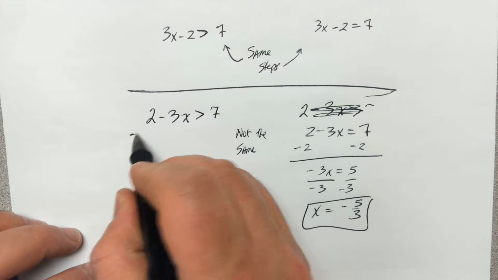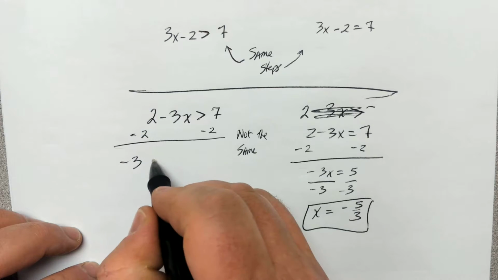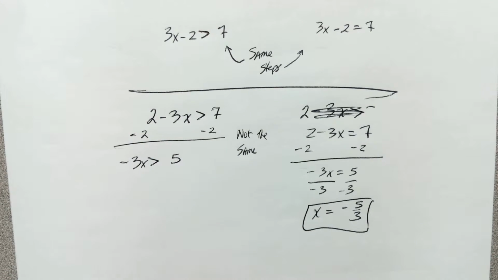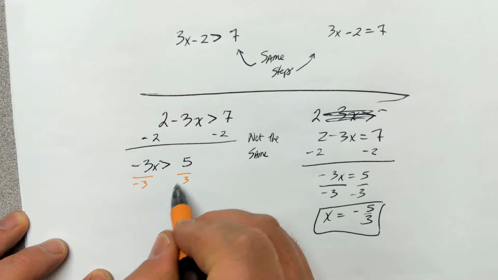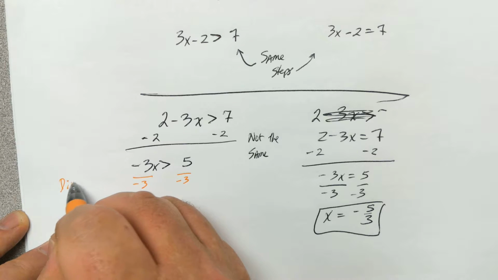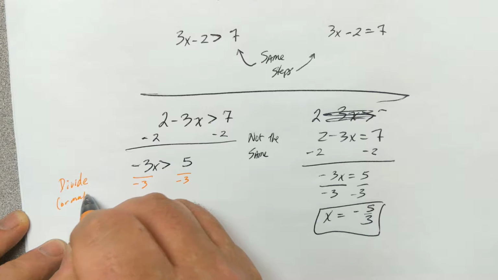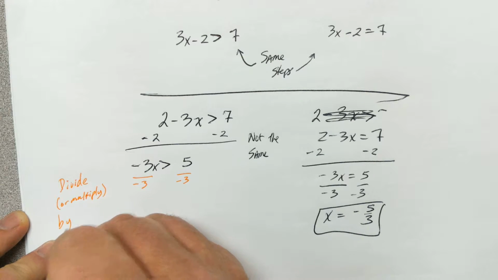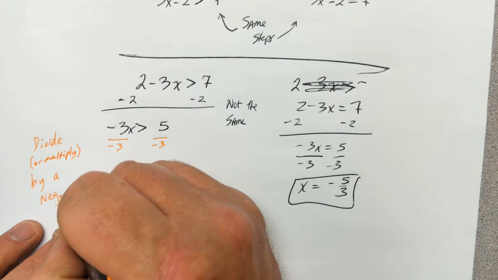So here's what I'm saying. When you subtract 2, nothing changes. That's fine. But now with our next step, we're going to divide by negative 3. And when you divide or multiply by a negative, you got to flip the sign.